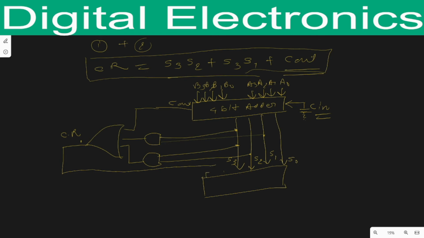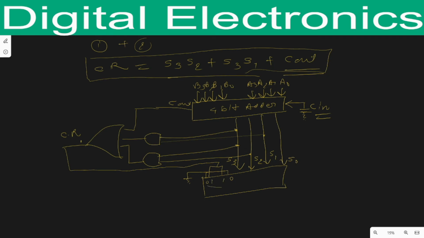Okay, so when the correction required output is 1, at that time we will get 1 here and 1 here.